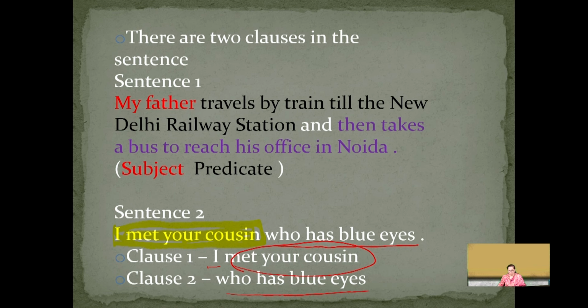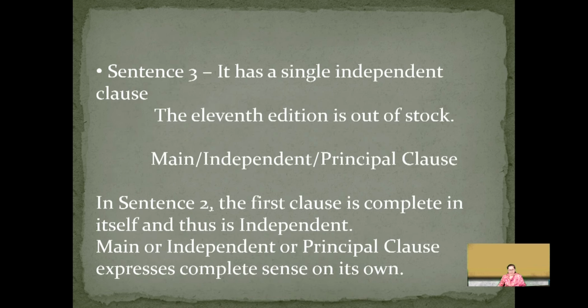We move on to the next sentence, which is a single independent sentence and a single independent clause. The sentence says that the 11th edition is out of stock. Now the 11th edition is the subject, is out of stock is the predicate. So what is dominant in this sentence? You just find one single thing.